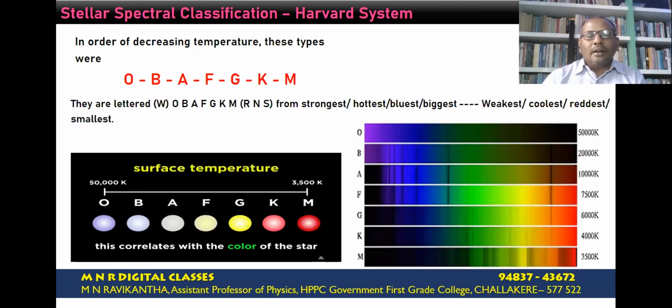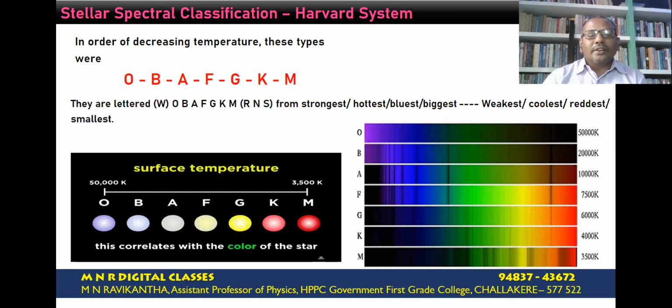Here is the color appearance with the temperature. They are lettered O, B, A, F, G, K, M in such a way that it runs from strongest to weakest absorption lines, hottest to coolest in terms of temperature, bluest to reddest in terms of color, biggest to smallest in terms of size.